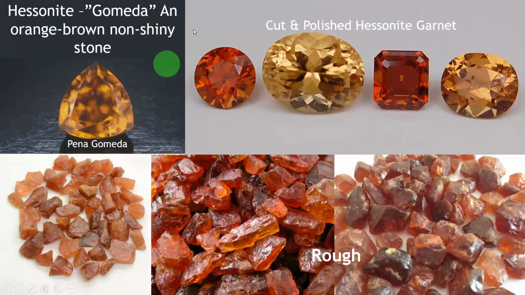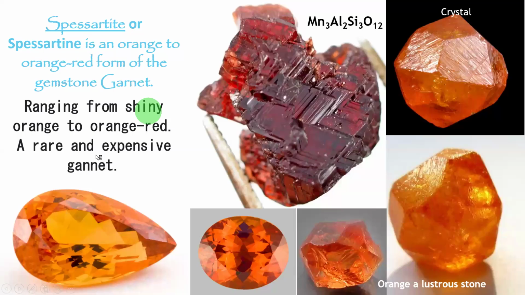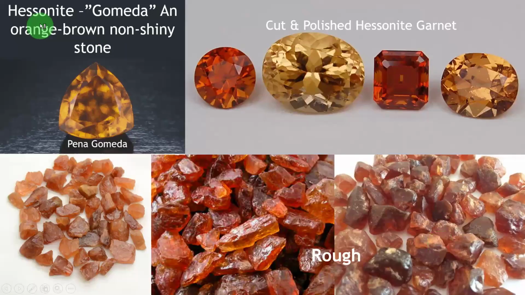Now we are talking about hessonite. Another name is gomeda. It is an orange-brown, non-shiny stone. But remember, spessartite is a shiny stone. Hessonite is not a shiny stone.